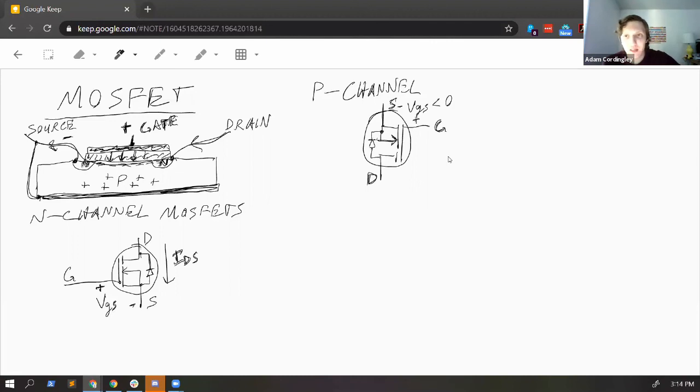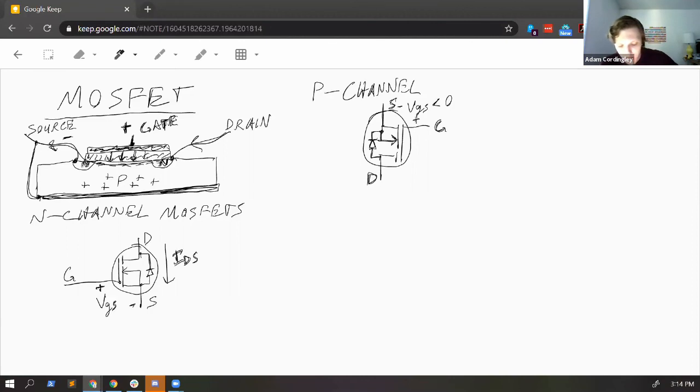I have to drop gate below source in order to turn on my MOSFET. And we also see that the diode, the intrinsic or built-in diode, is flipped. It points from drain to source instead of source to drain. Kind of makes sense.